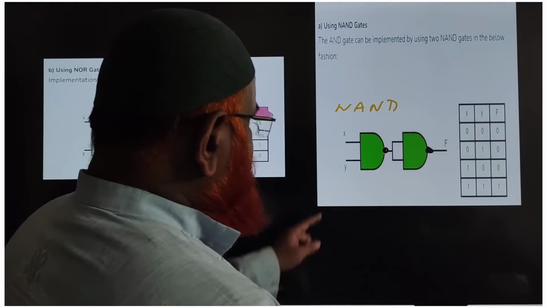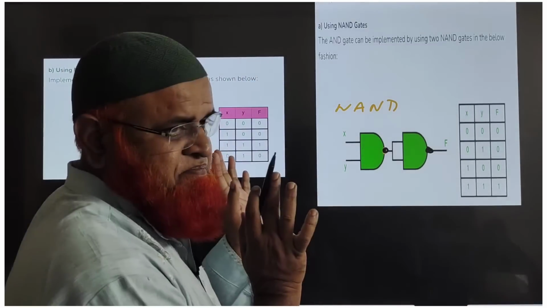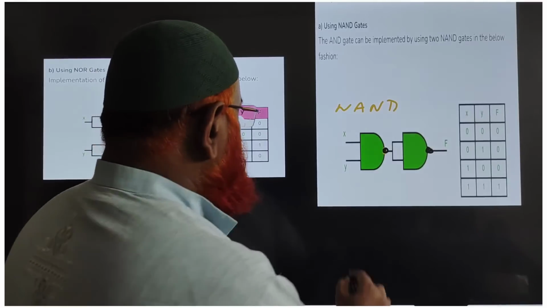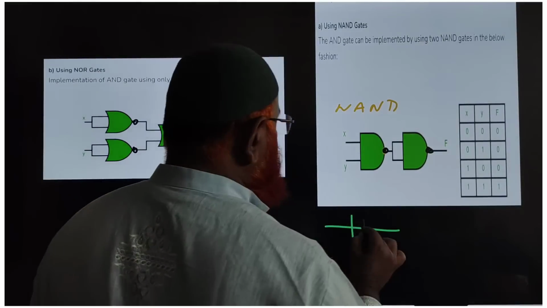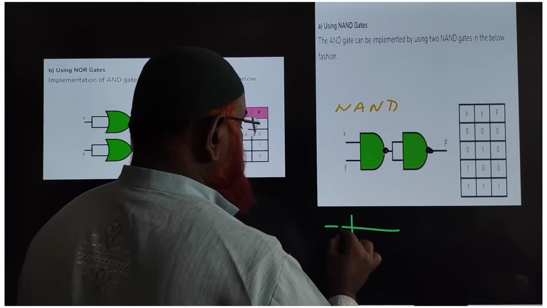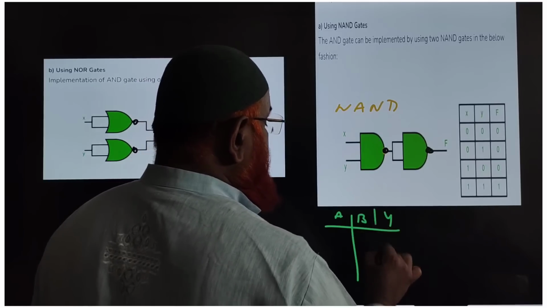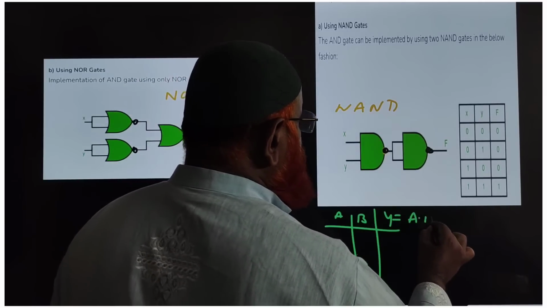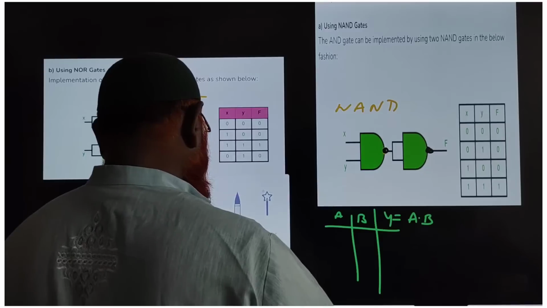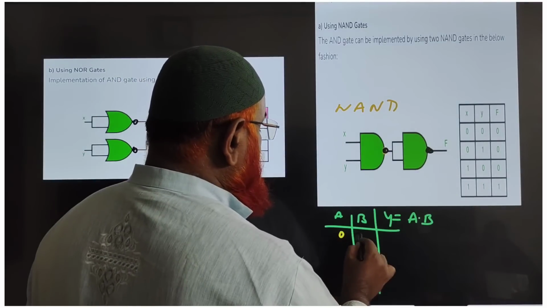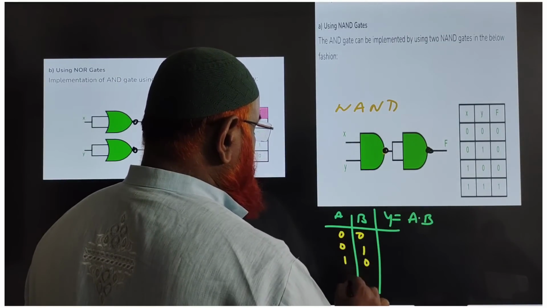Now just see here, this should be proved to be an AND gate. Am I right or not? So what is the logic behind the AND gate? A, B and Y. And what is AND? It does the multiplication operation: 0, 0, 0, 1, 1, 0, 1 and 1.